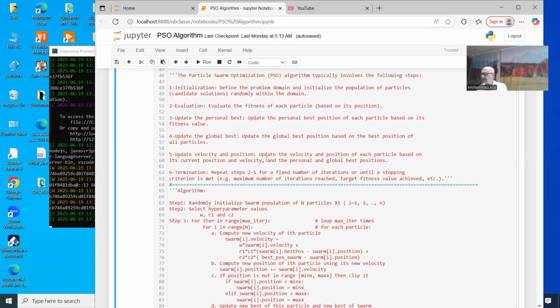With these values, we can update the velocity according to a well-known formula, which is considered as the bare bone of this algorithm.